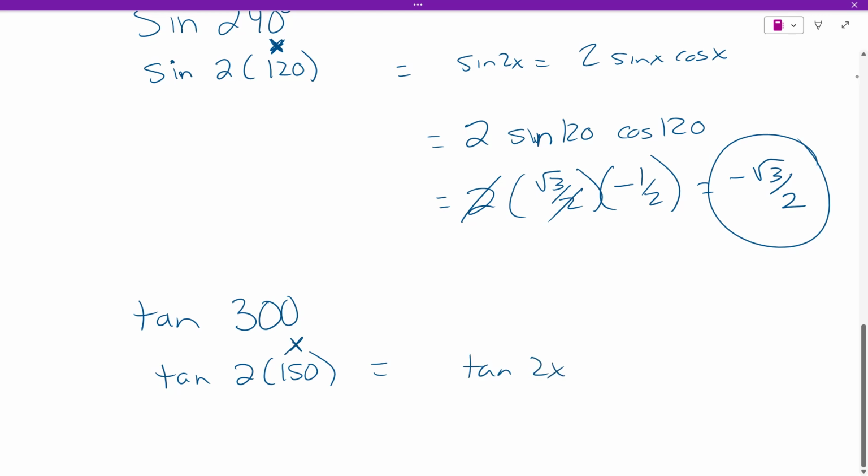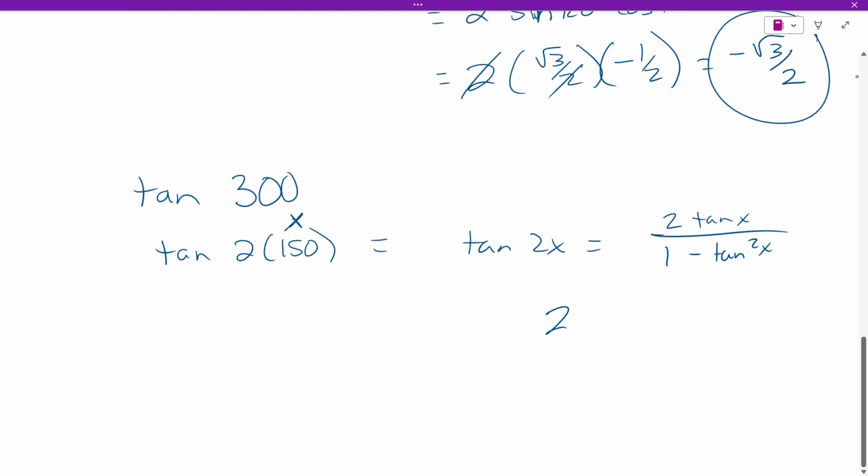Now the tangent of 2x, I told you on your note card, is equal to 2 tangent of x over, I think it's 2 tangent of x, right? Over the tangent one I can never remember. 1 minus tangent squared of x. All right. So it's 2 tangent of 150 over 1 minus tangent of 150 squared.